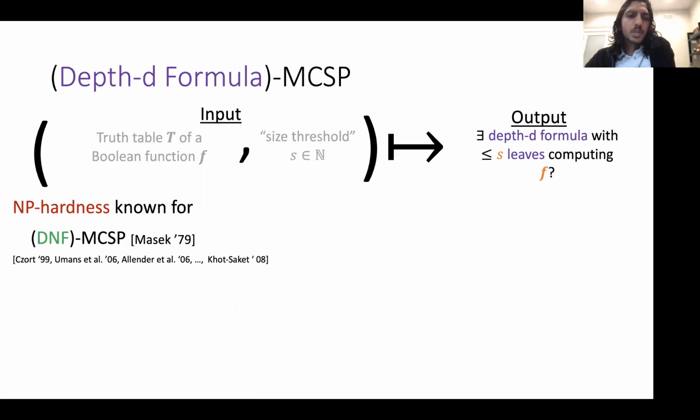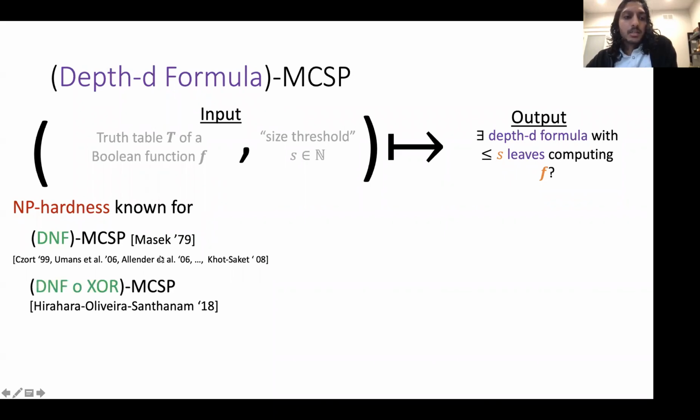So way back in the late 70s, we knew hardness for the DNF version of MCSP, and people spent a lot of time optimizing that result. But it took a long time before anybody even got beyond DNF. In 2018, Hirahara, Oliveira, and Santhanam showed that you can extend this result slightly, but we didn't really get that far beyond DNFs.